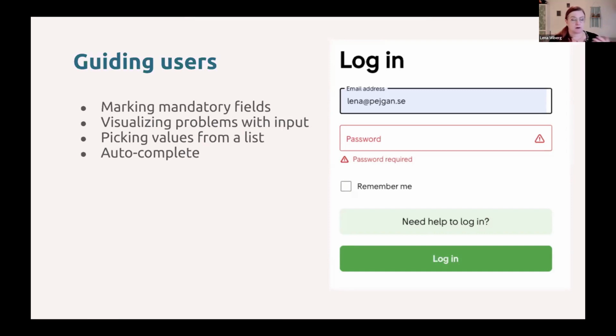And all of these are there to guide our users to give us the information that we want in the format we want it, without them having to get back to the screen later in the process. So they can look like this. They could have information that states things like this password format is incorrect. Maybe they have a button that says, do you need help to continue doing this?